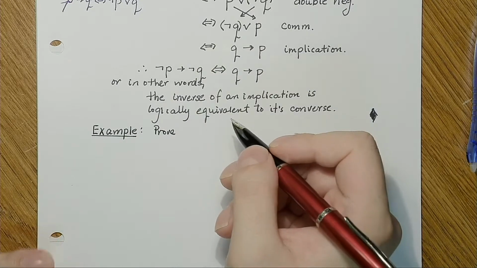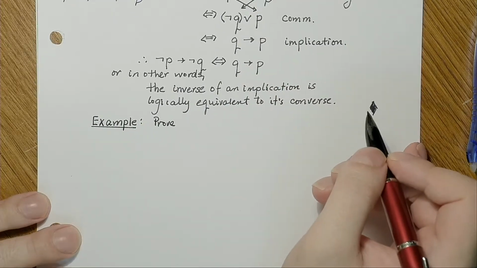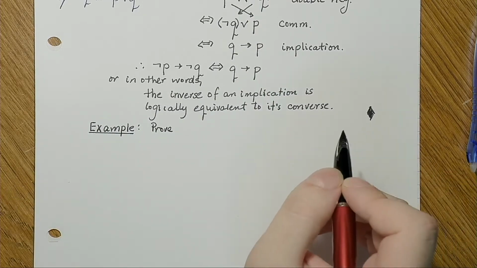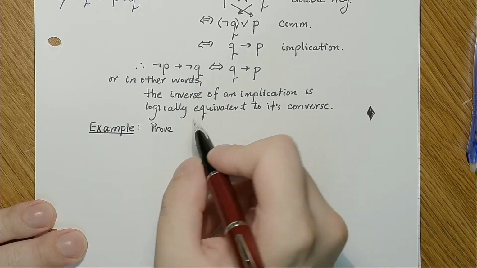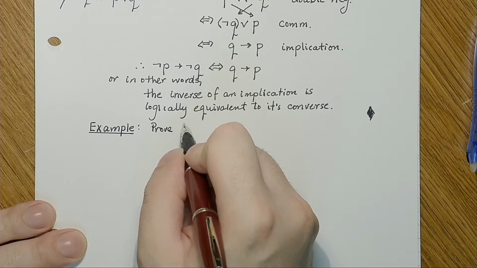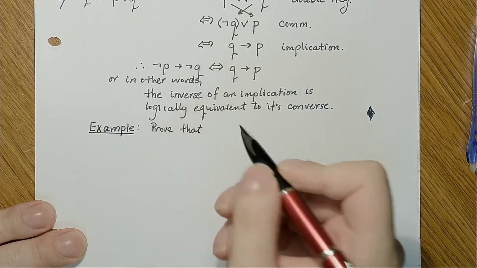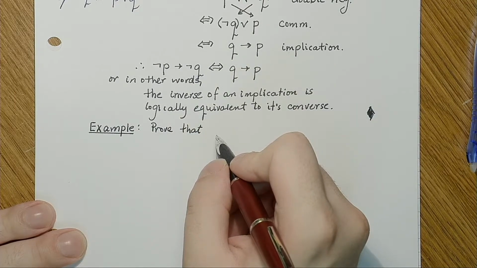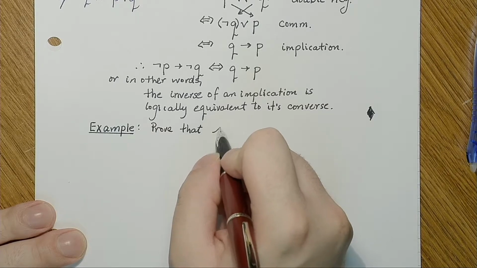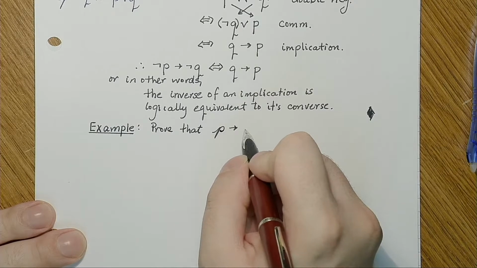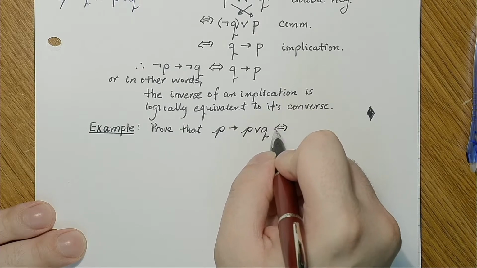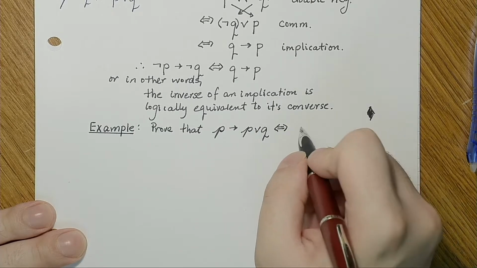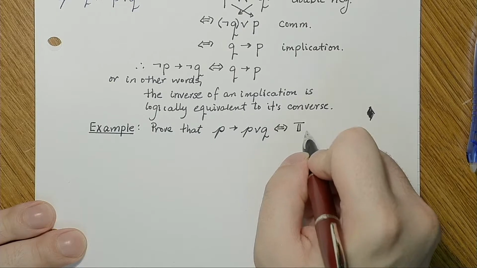You know, we'll kind of exchange these words: prove, show. A proof is a demonstration, so it's the same idea. So you can say, let's say, prove that P implies P or Q is logically equivalent to a tautology.